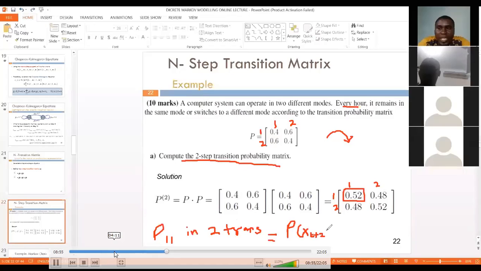T plus 2 being equal to 1, given that x at t is equal to 1, will be given as 0.52, okay? So that is how you get the probability.